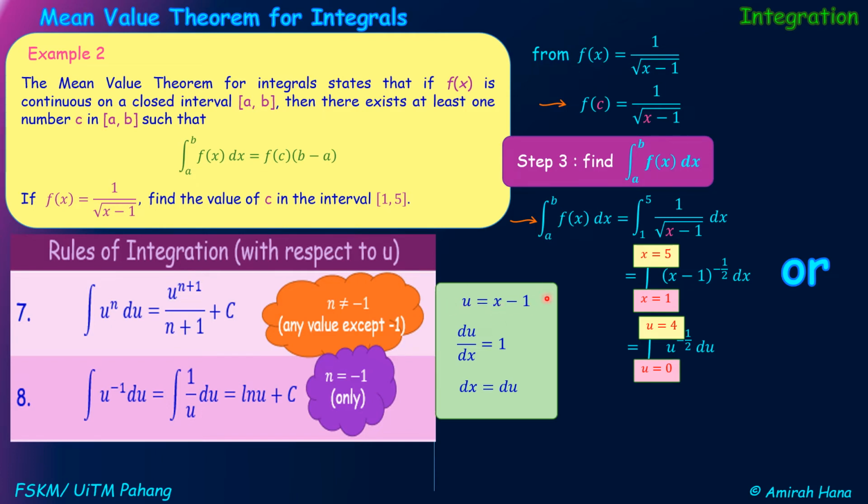So we get u equals 1 minus 1. Okay, so we have u equals 0. Right? When we have variable x, we need to use the lower and upper limit for variable x. And when we use variable u, we need to use the lower and upper limit for variable u. Right? Got it?